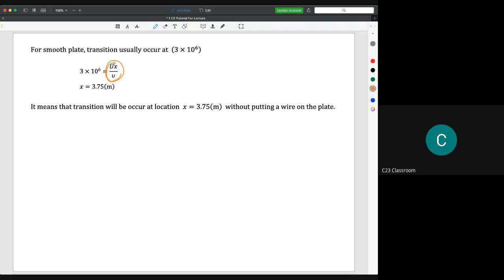We found that x is equal to 3.75 meters. So without any trip wire, the transition will naturally occur at x equal 3.75 meters. Okay, it is stated here.